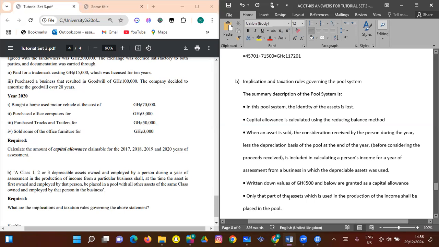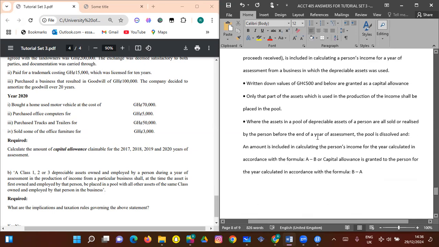Then only the part of the assets which is used in the production of the income shall be placed in the pool. Then where the assets in a pool of depreciable assets of a person are all sold or realized by the person before the end of a year of assessment, the pool is dissolved, right?